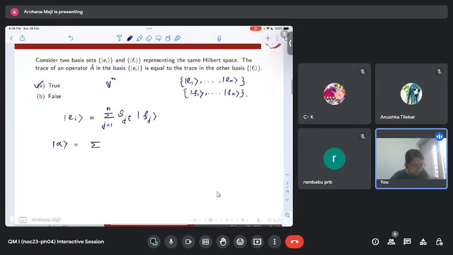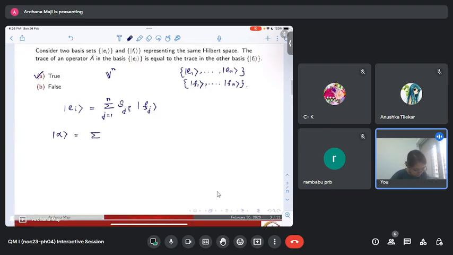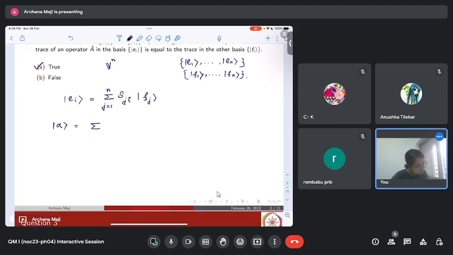So what do we need to see? How this operator, when written in this basis, is related to the one when we write it in this basis. So that is what we need to see. So in order to see that, let's write any vector alpha as summation over i.